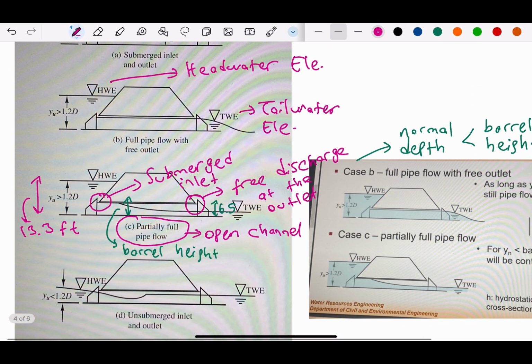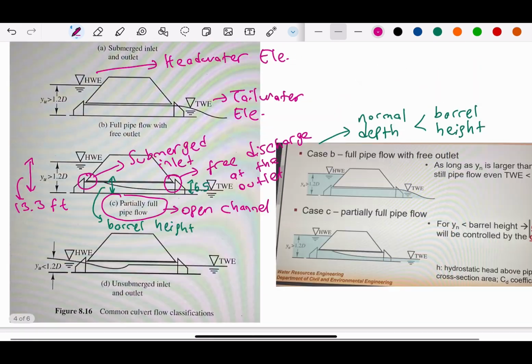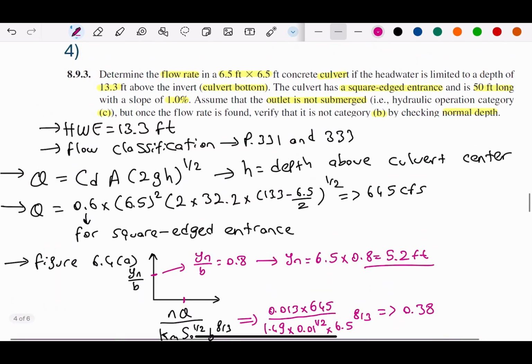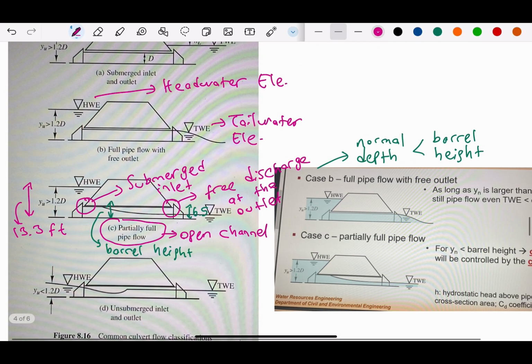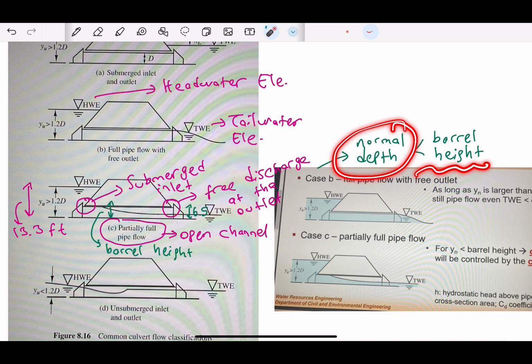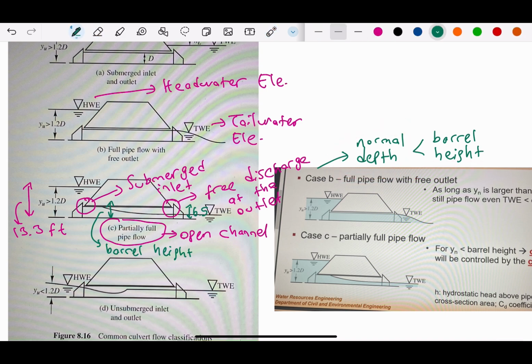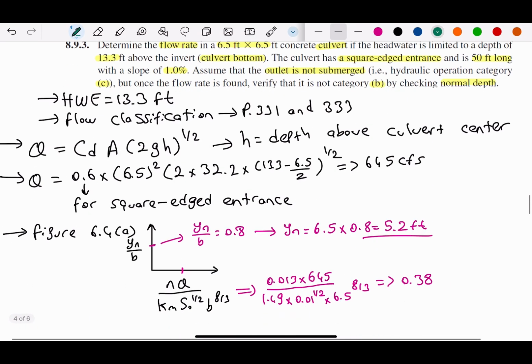And as I mentioned, the question wants us to find these values, and also we need to verify that it is not category B. So the difference here will be this one. For classification C, the normal depth should be lower than barrel height. For our case, this was 6.5, and this is 5.2 feet, as we calculated.